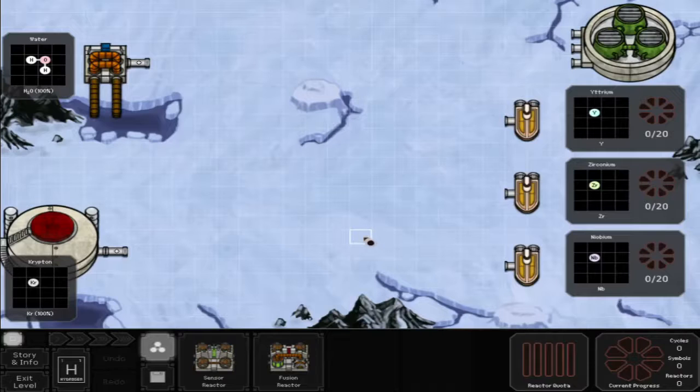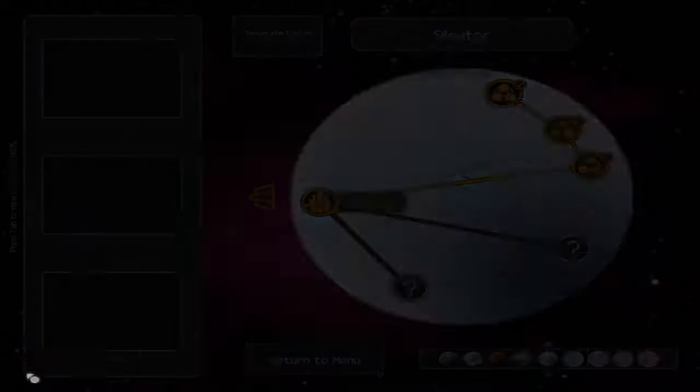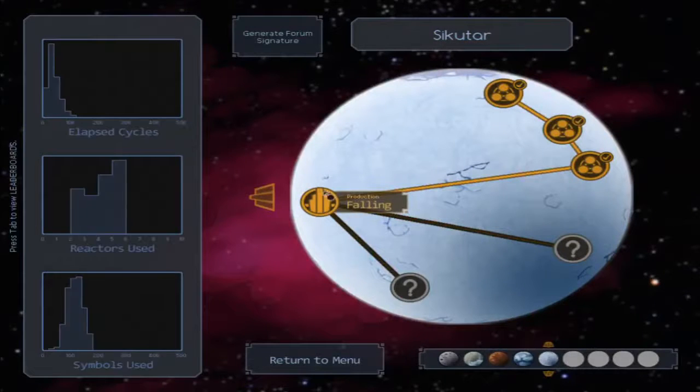Okay, should I do this level by time lapse? And then just have the other episode be... Let me check. Yeah, this is the only required production level for Sikutar.